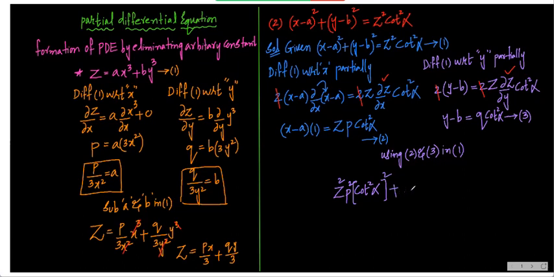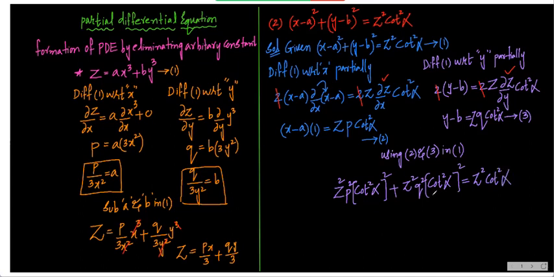Plus. Then here also, sorry, we forgot to write that if I want to square it, z square, because I want y minus b whole square value. z square q square cot square alpha, and this part also whole square is equal to z square into cot square alpha.